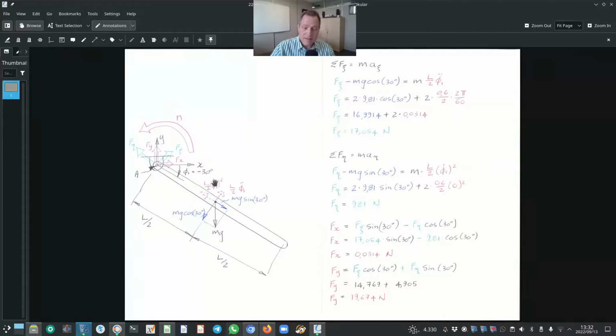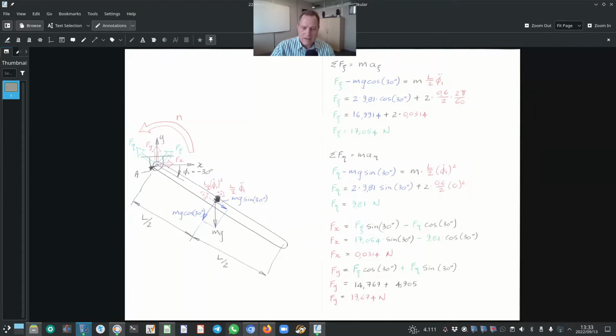Now, seeing that this pendulum rod is driven to accelerate at an angular acceleration of 2 pi over 60 radians per second squared, we can say that the acceleration in that positive Kc direction at time t0 is equal to this length over here, L over 2, multiplied by the angular acceleration phi 1 double dot.